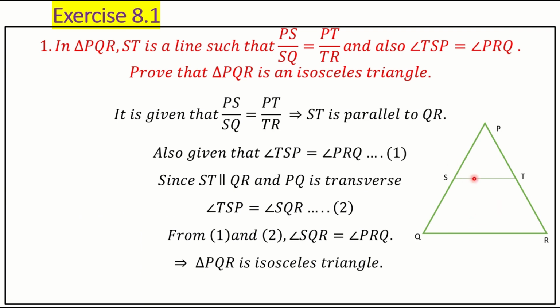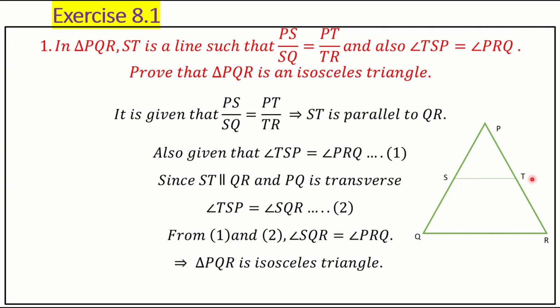We know that if PS by SQ equal to PT by TR, ST is parallel to QR. Correct? Which means there are two similar triangles. But you don't need to go to similar triangles. ST is just parallel to QR, which means angle S is equal to angle Q. Why?